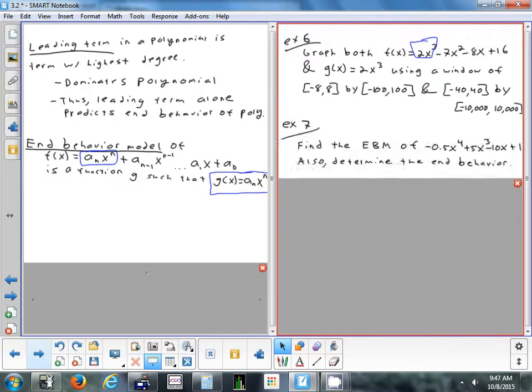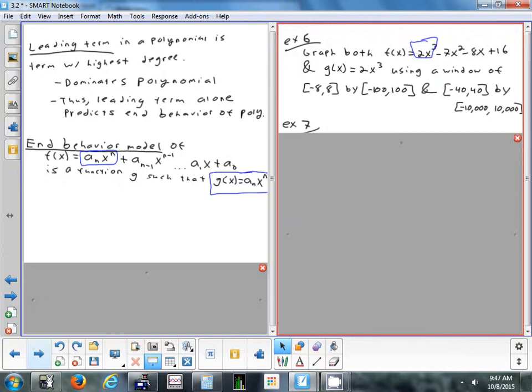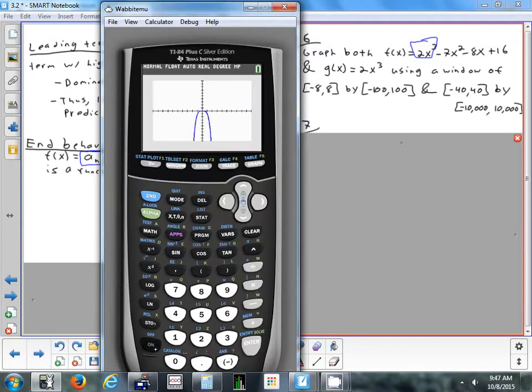Okay, let me graph the original and the end behavior model and show you how similar they're going to look. I'm going to show you that all this other stuff doesn't even really make a difference when you zoom out. All right, so minus 7x squared minus 8x plus 16.